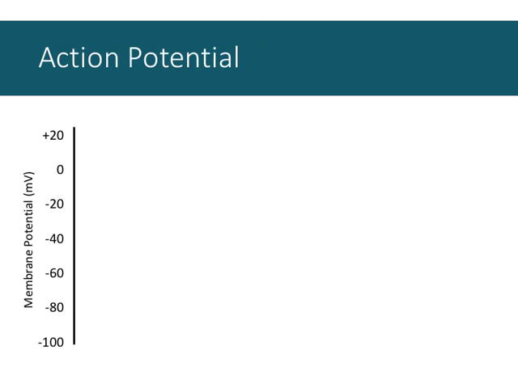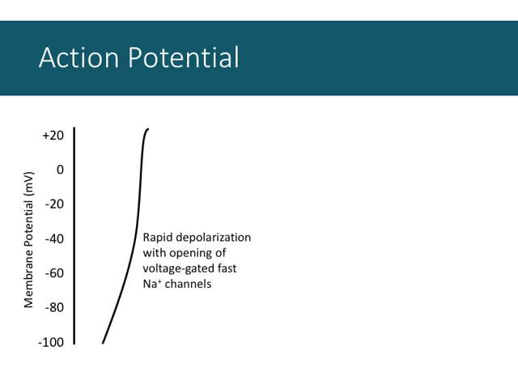And so in general terms, if I were to draw a cartoon of membrane potential as it changed while a signal was being sent, this is the action potential. It might look something like this. And this is very similar to what you've already seen. We start with a very low membrane potential, near negative 90 or negative 100 millivolts, that rapidly increases when a signal is present.